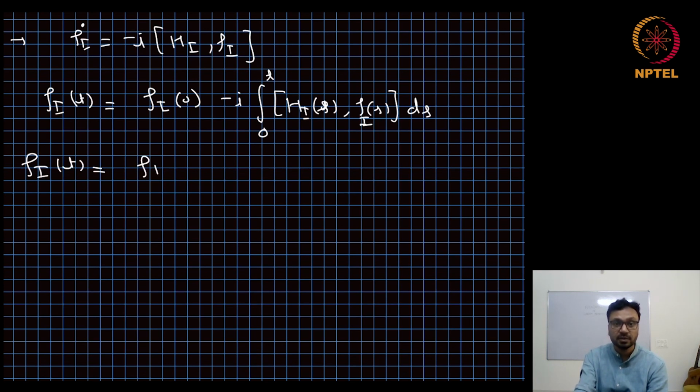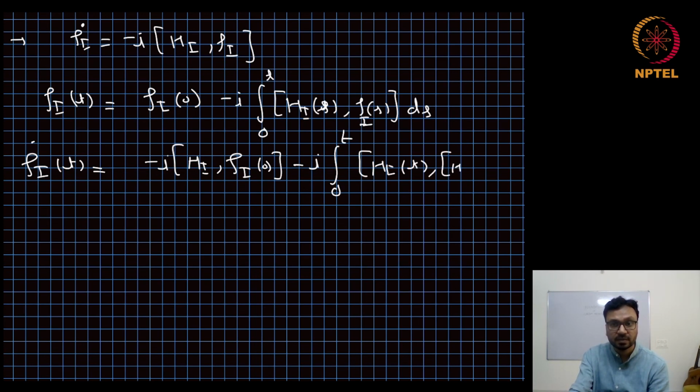So rho I(t) becomes rho I(0), and rho I dot again becomes minus i [H_I, rho I(0)] minus the integral from 0 to t of [H_I(t), [H_I(s), rho(s)]] ds. This is the recursive solution of the dynamical equation in terms of rho I.